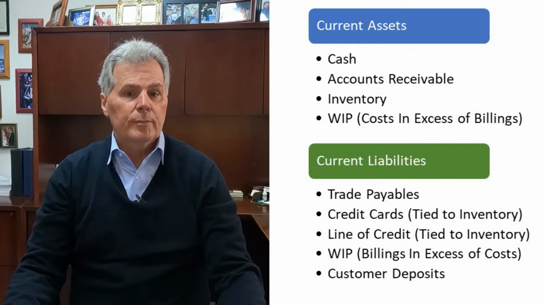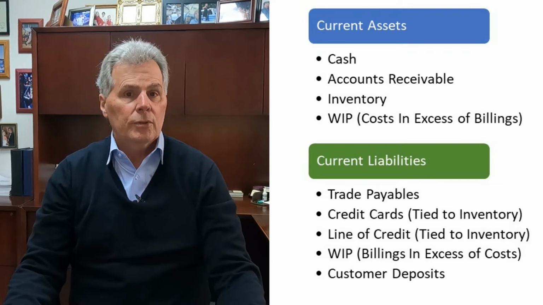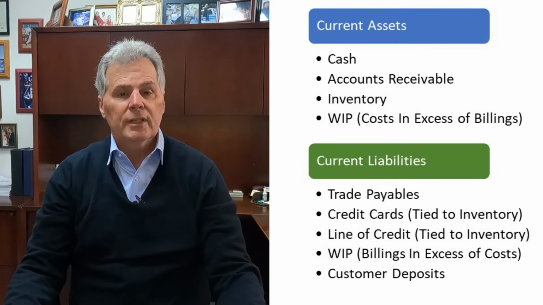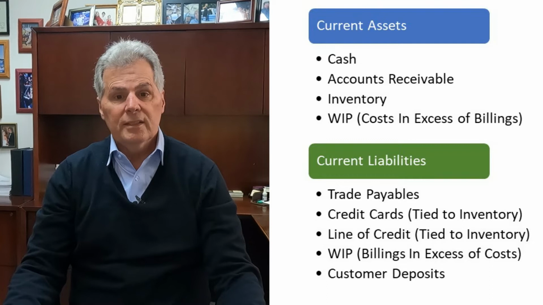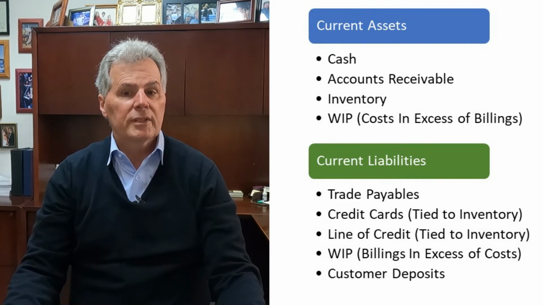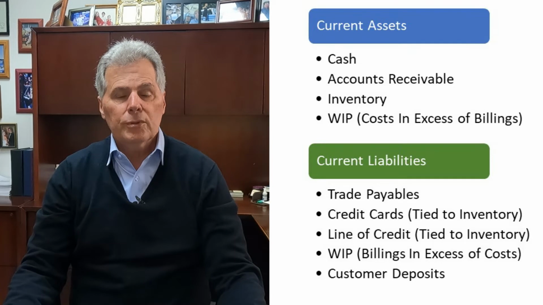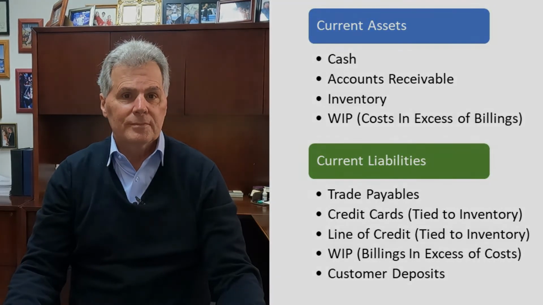From that, you would take its current liabilities, which would include the company's trade payables, credit cards tied to inventory, a line of credit tied to inventory, the other side of the WIP, which would be your billings in excess of cost, and customer deposits. Simply taking those two totals, your current assets minus your current liabilities, will give you the company's actual working capital.